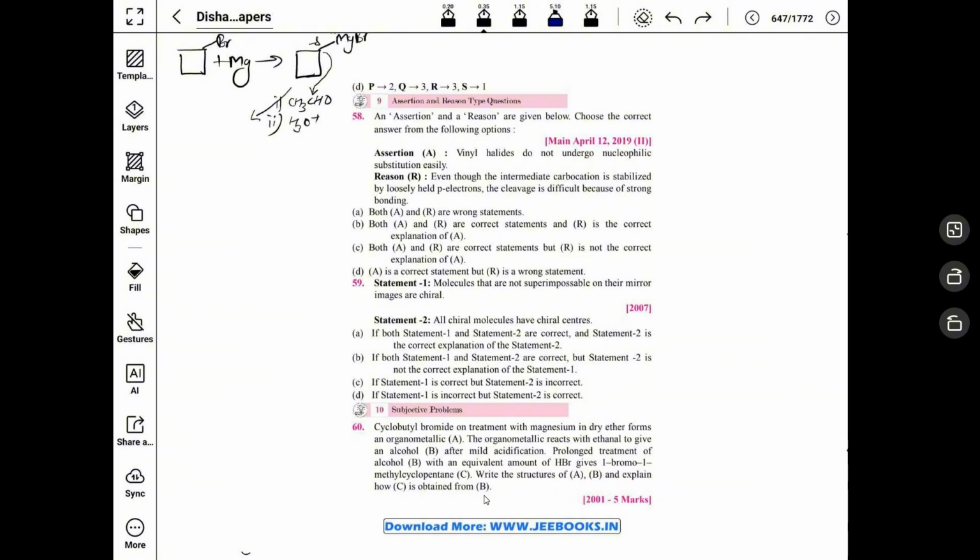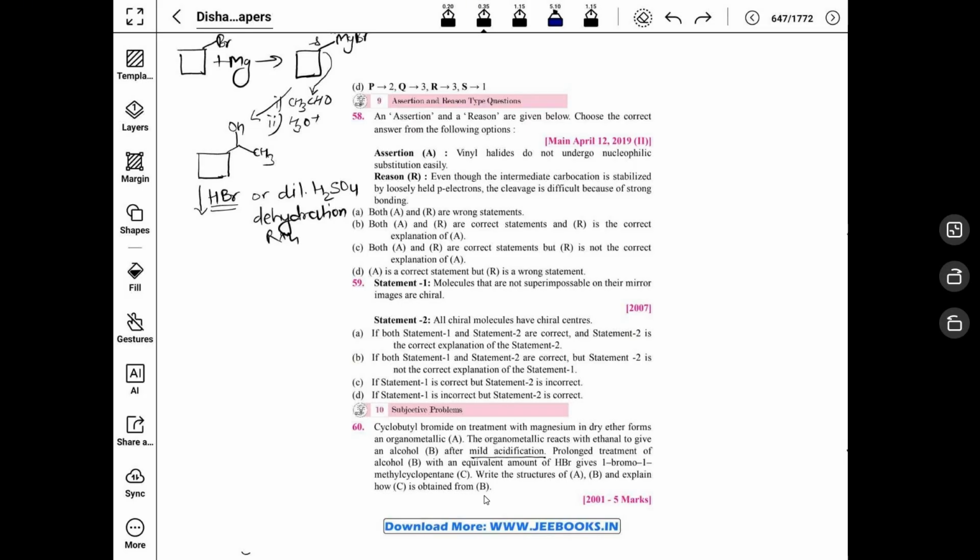They are saying mild acidification, so after acidification you will have the secondary alcohol. After having the secondary alcohol, the reaction is with HBr, and we know that HBr will provide acidic condition, like dilute H2SO4, which gives dehydration. So this is a dehydration reaction.